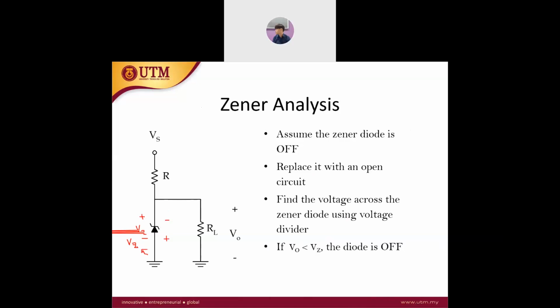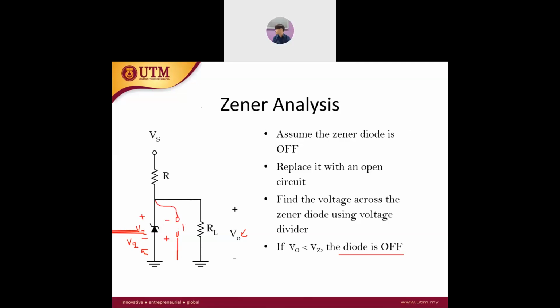If our Vout is less than the VZ, then the diode is off, because when the Zener diode is off, you replace it with an open circuit, and you need to find the voltage across the Zener diode.